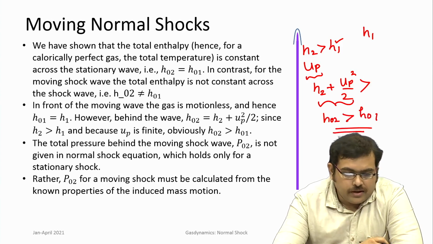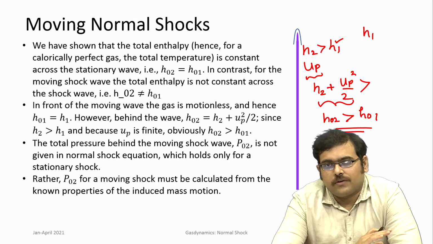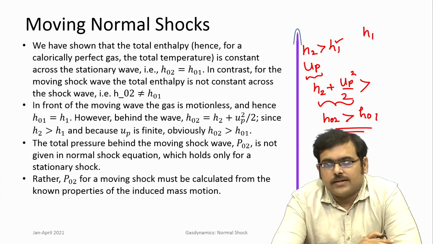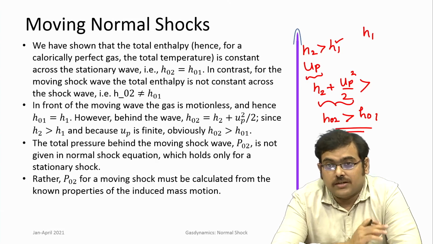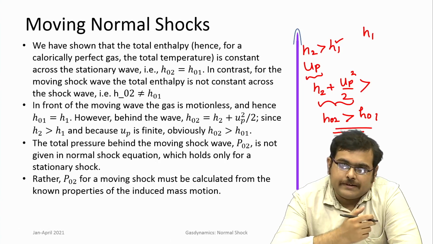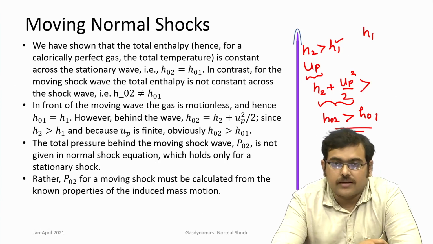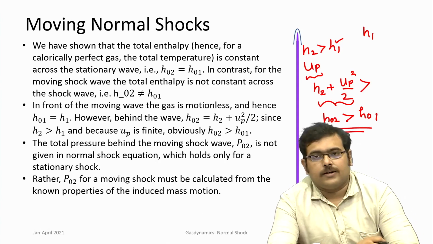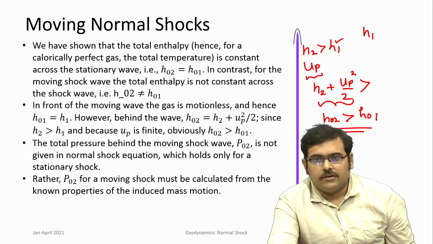So, the stagnation properties for a flow behind the moving shock wave should not be calculated using normal shock relations for a stationary shock wave, but they have to be calculated separately once you have calculated the motion of the gas behind the shock wave. Now, is there any contradiction?